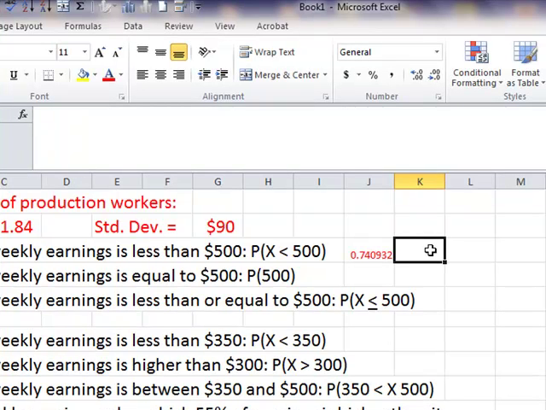If you watched the video where I showed normal calculations manually using the z-table, you might remember that the probability that we got from the table was 0.7422. These two numbers, of course, are slightly off and different from each other.